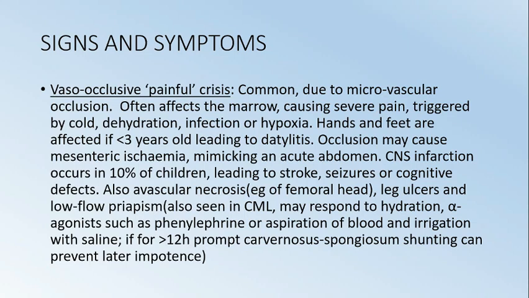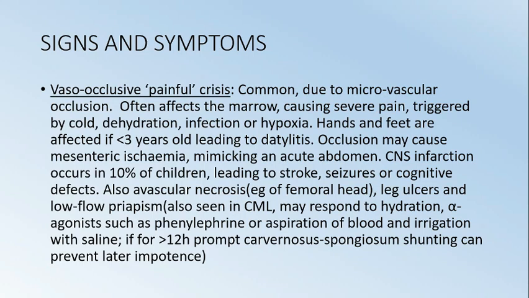This is very serious. It can even lead to impotence, but it may respond to hydration, alpha agonists such as phenylephrine, or aspiration of the blood and irrigation with saline.